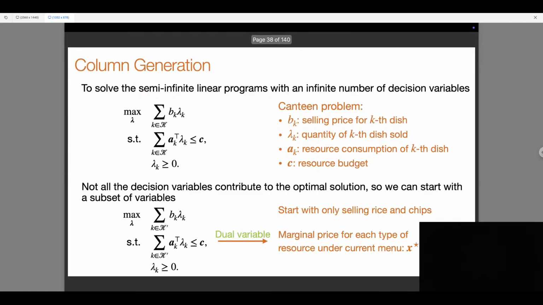And now, after solving this problem, we will know the marginal price of each product.